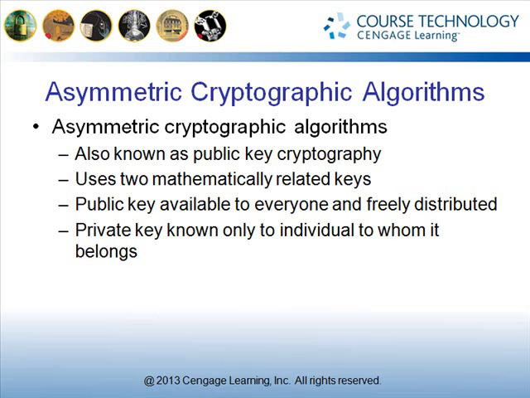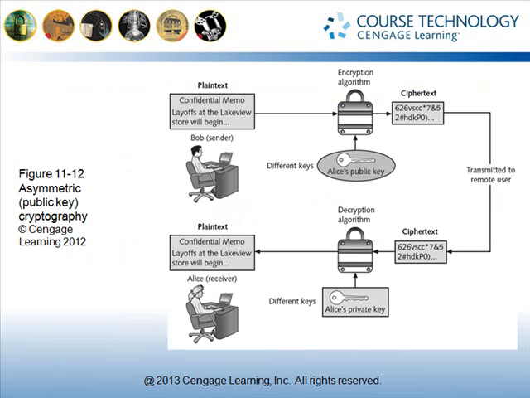The public key is known to everybody, and it can be freely distributed. However, the private key is only known to the individual to whom it belongs. So when Bob wants to send a secure message to Alice, he takes Alice's public key and encrypts the message. Now, when Alice receives it, she uses her private key to decrypt the message.